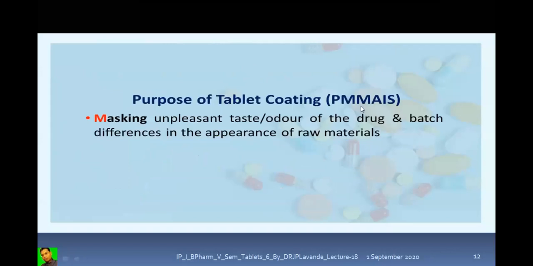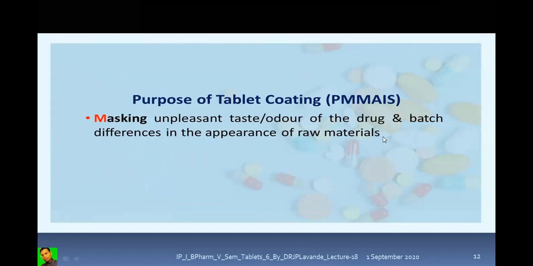Next, the third M stands for masking. Masking the unpleasant taste and odor of the drug and batch differences in the appearance of the raw material. Generally, from batch to batch, the raw material which is going to be used might have changed in its color.